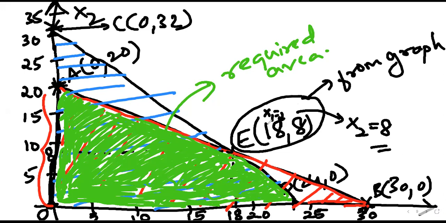You are getting 18 and 8. But to draw the graph, you require these points. You have to determine what is the value of A, what is B, what is C, and so on.